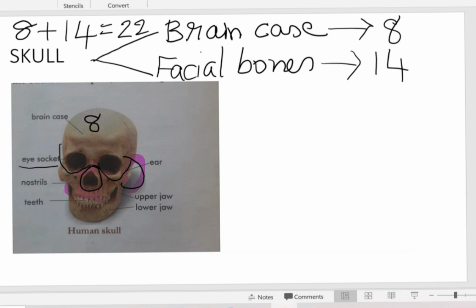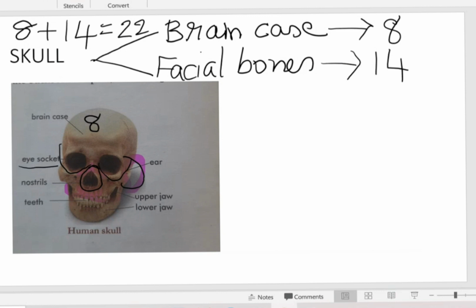You are not able to move the upper jaw because it does not come under movable bones. And coming to the lower one, the lower jaw bone is movable.